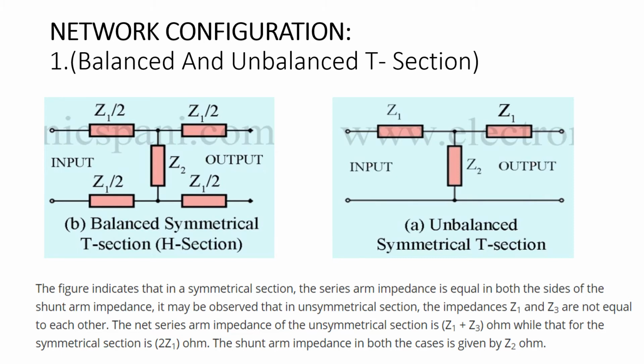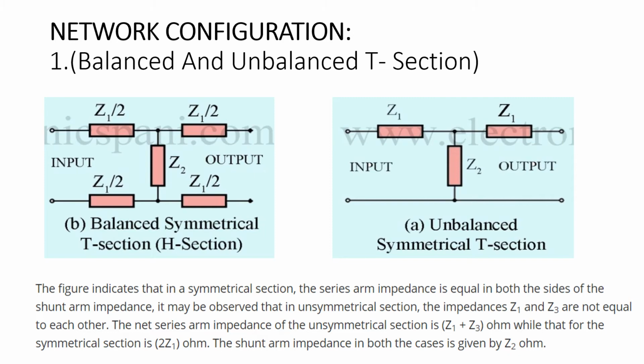It may be observed that in unsymmetrical section, the impedances Z1 and Z2 are not equal to each other. Means symmetrical section में पैरेलल जो सीरीज आर्म्स जो Z1 की हैं वो Z1 और नीचे जो Z1/2 Z1/2 सेम होती है, but these are symmetrical network.